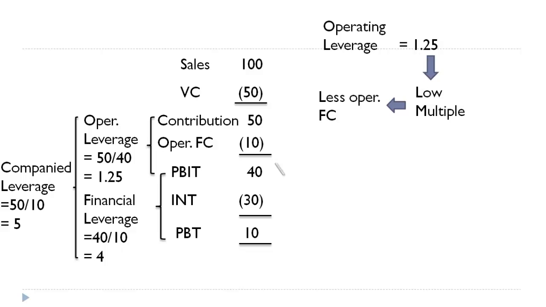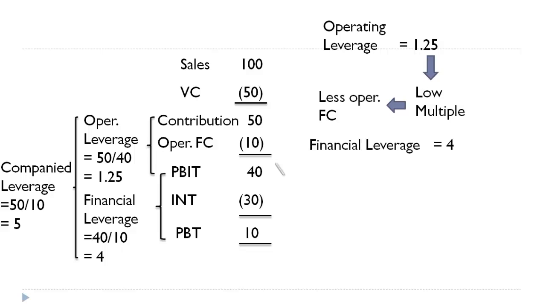But if the contribution is 10 times of PBIT, then it is a dangerous scenario, because it means operating fixed cost has taken a sizable portion of contribution. At least 9 times it had taken out. So a low multiple ratio would tell there is very little presence of leverage, and it also conveys there is a lesser operating cost.